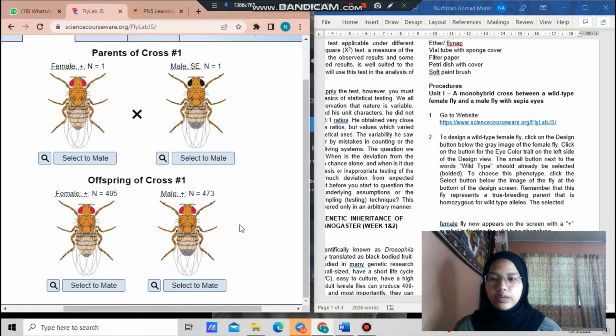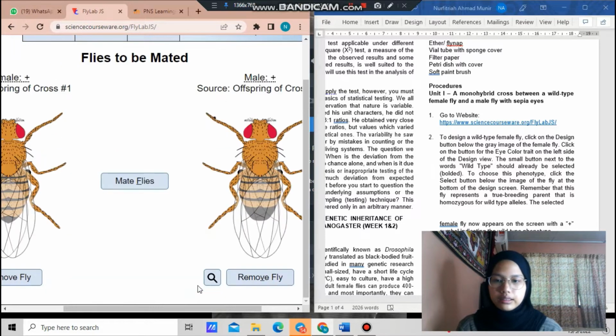So this one is the F1 offspring of the cross between the parents. So from the F1 offspring, make the female and male offspring. So first select to make the female and then select to make the male.